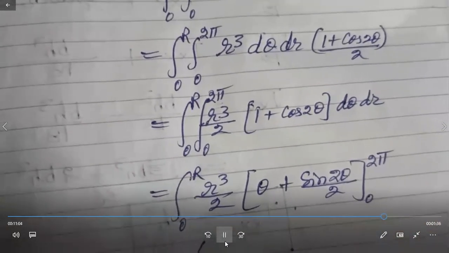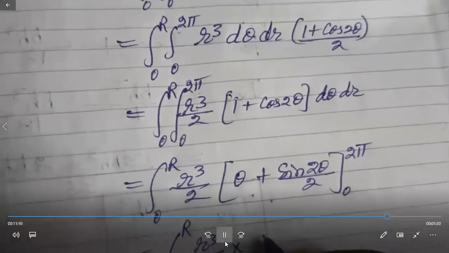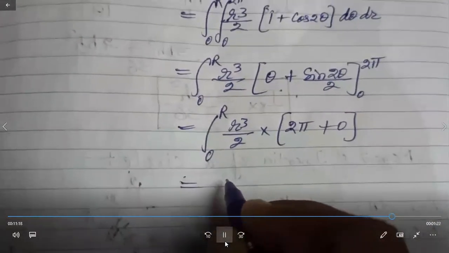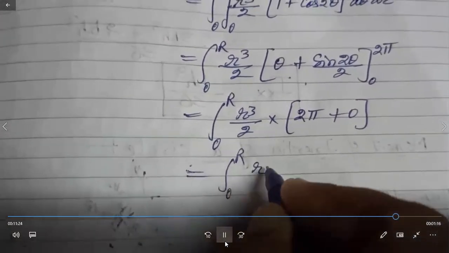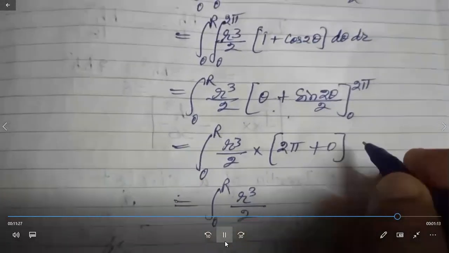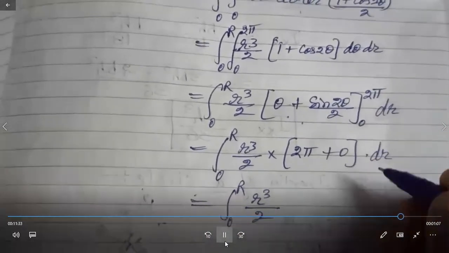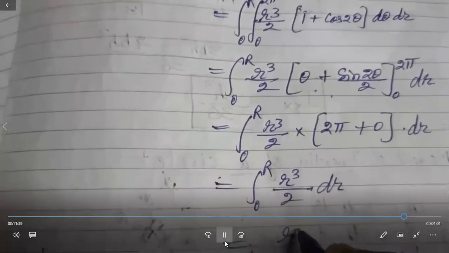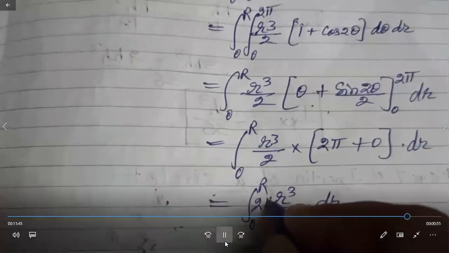Again, this is equal to the integral from 0 to R of r cube by 2 multiplied by, on putting the limits, 2 pi plus 0. So this is equal to the integral from 0 to R of r cube by 2 times 2 pi dr. So this will be equal to r to the power 4 upon 4 into 2 pi.